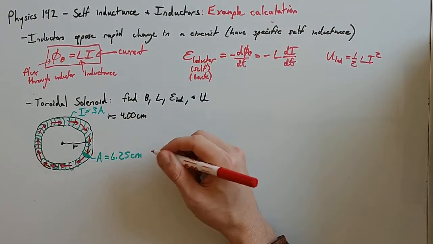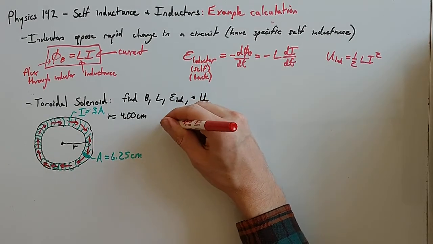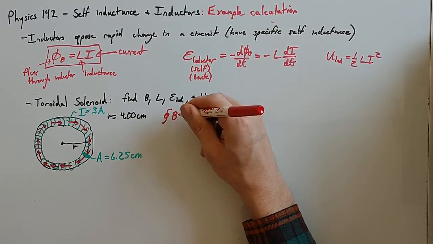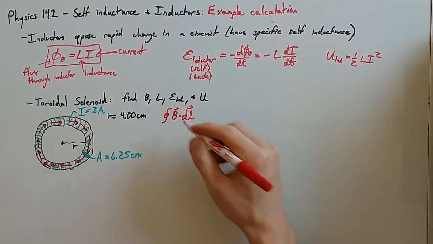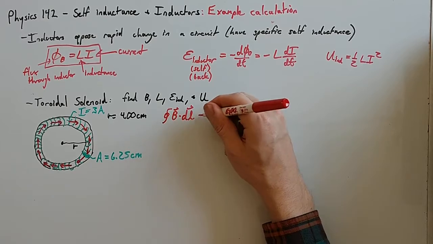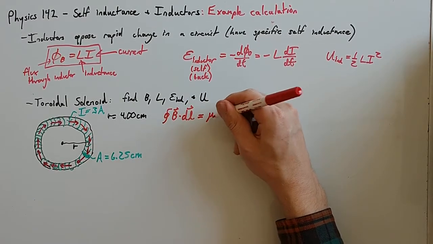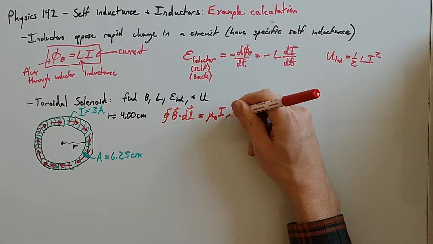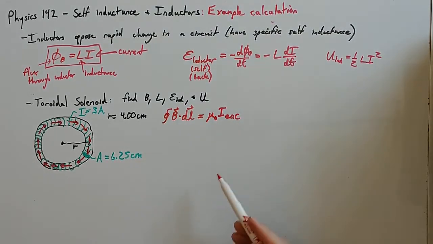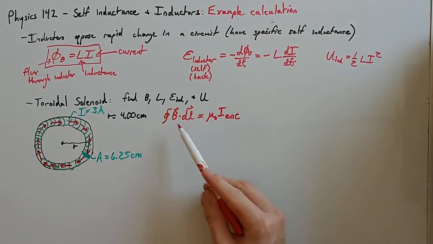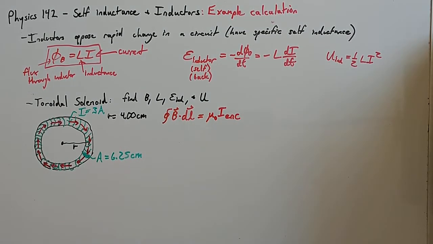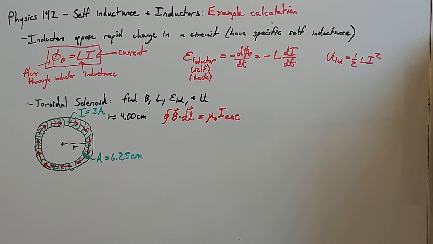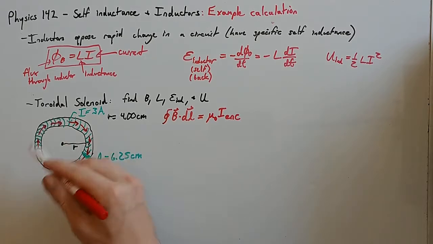Well, what Ampere's law said is that if you draw some loop and you take a walk through a B field, whatever loop you draw, if you look at the current that you enclose, the total sum of your walk of B dot dl is going to equal mu naught times how much current you've enclosed. So how is that going to help us here with our torus?